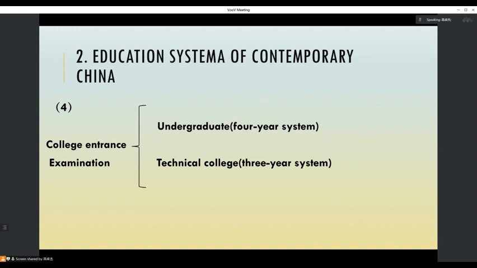If you want to learn in our school, Jiangsu Normal University, you need a higher score. If you have a lower score, you can go to college. If you have an even lower score, you can go to technical college for 3 years. This is called in Chinese 大专.